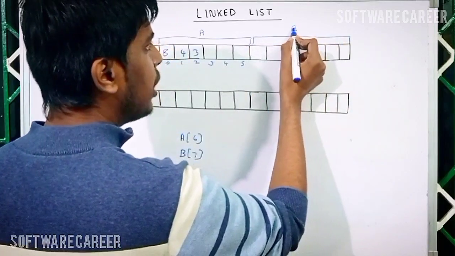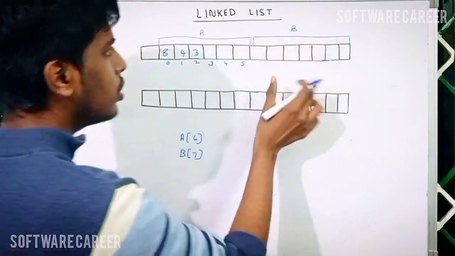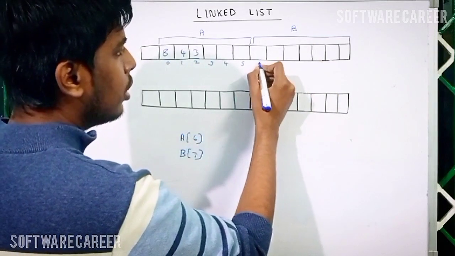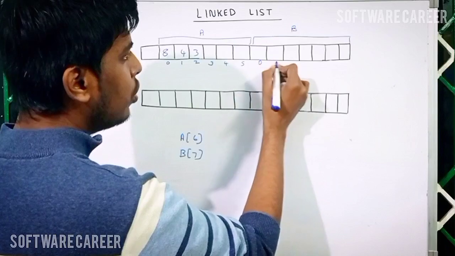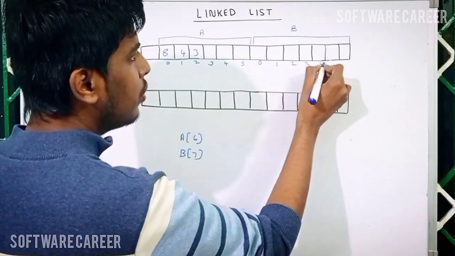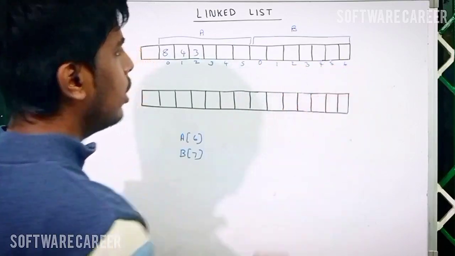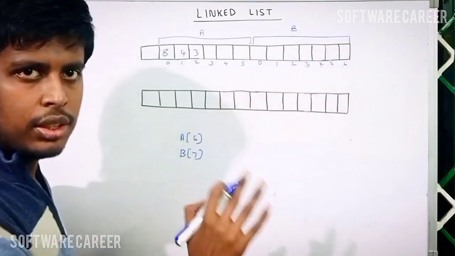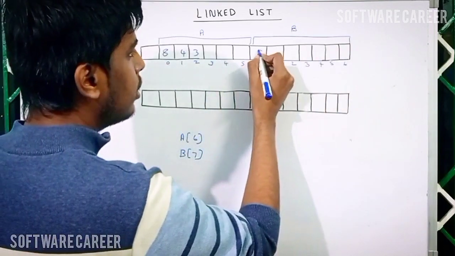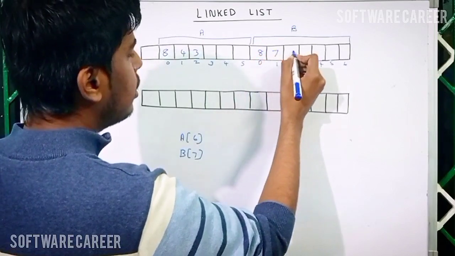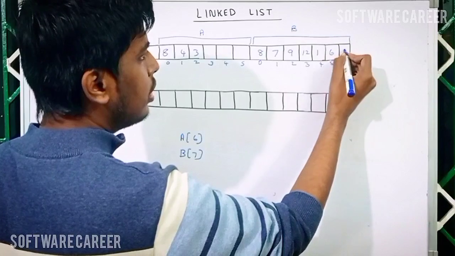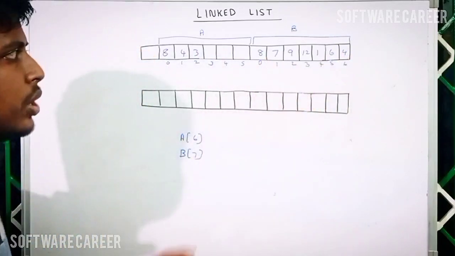This is allocated to B. You can store 7 elements in this array B. The indexes for B are 0 to 6. Suppose I am storing 8, then 7, 9, 12, 1, 6, 4.